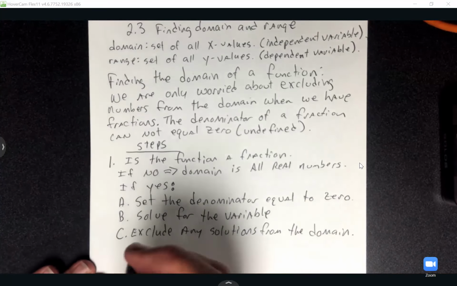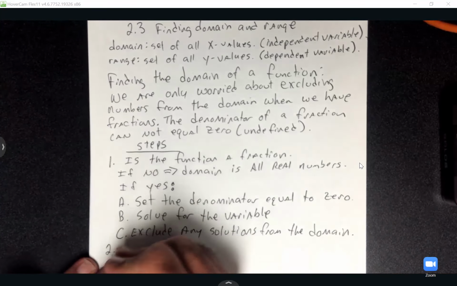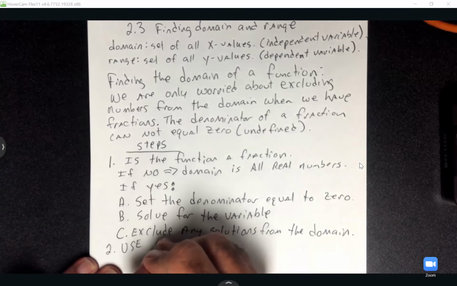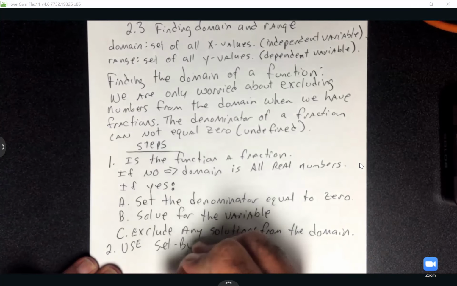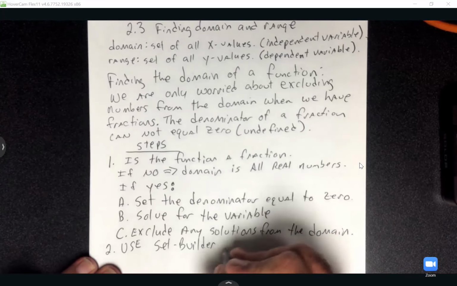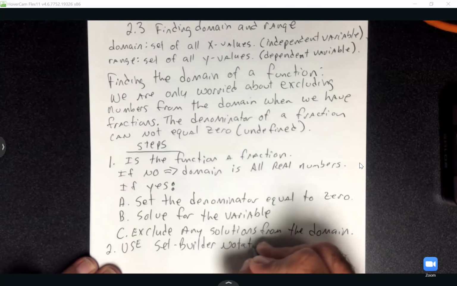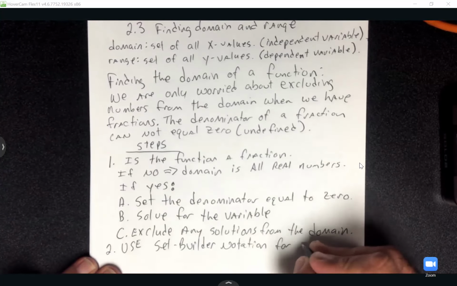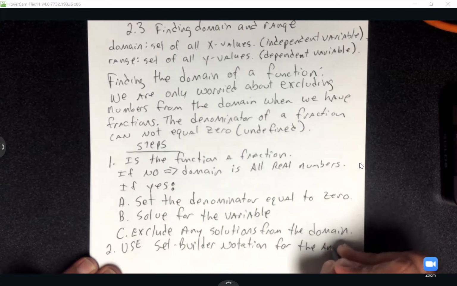And we use set builder notation for the answer of the domain.